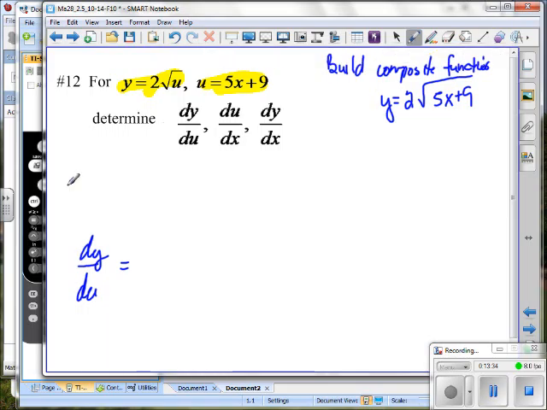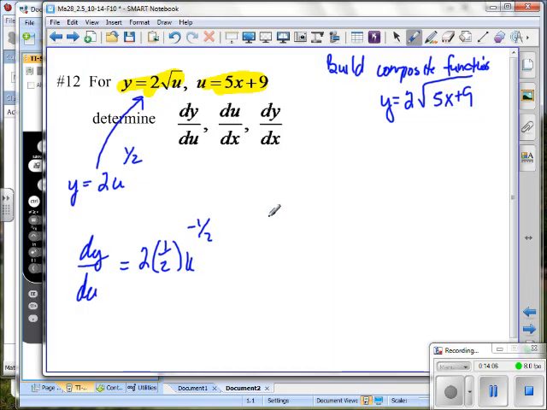Maybe doing something like y equals 2 times u to the 1/2 power. Because now if I want dy du, I would have 2 times, what's the derivative here? 1/2 u to the negative 1/2. Okay? So this one is coming from there.